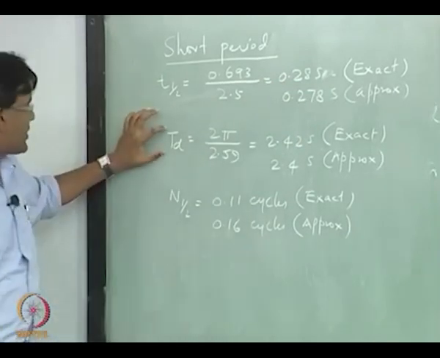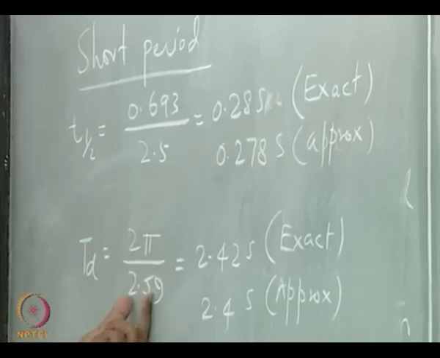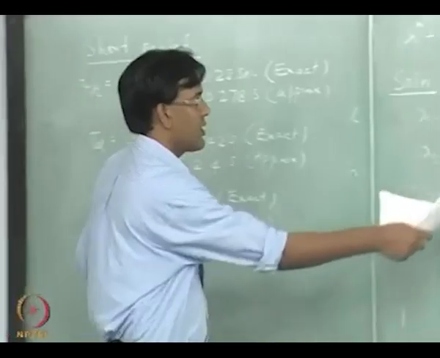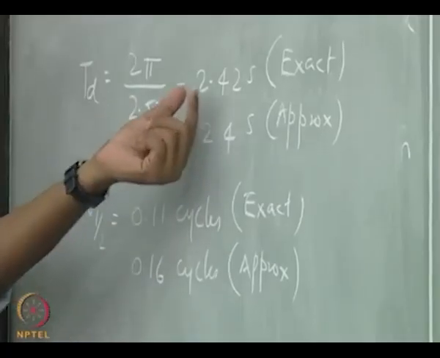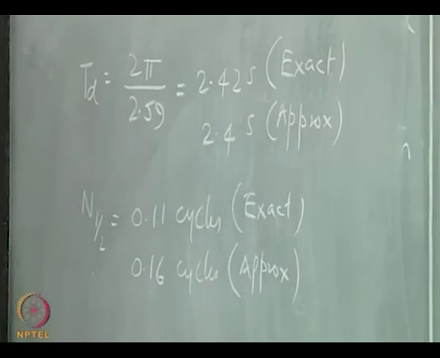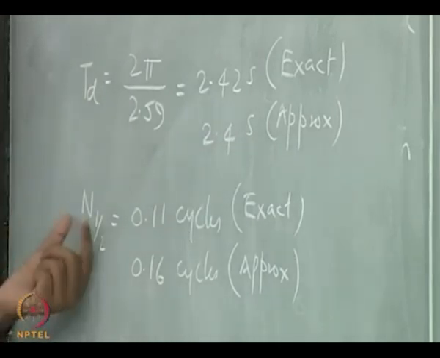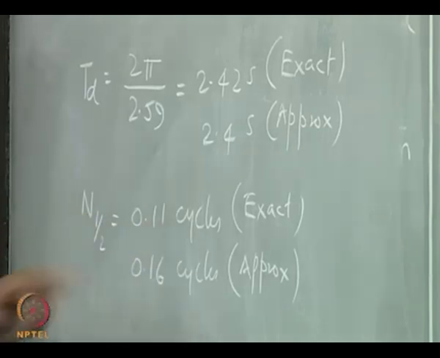Look at the damped time period, which is 2 pi over omega d. Omega d is 2.59, and that is giving me 2.42 seconds, which is the exact value, and 2.4 seconds is the approximate value. Cycles to half the amplitude, here we get 0.11 cycles exact, 0.16 cycles approximate.